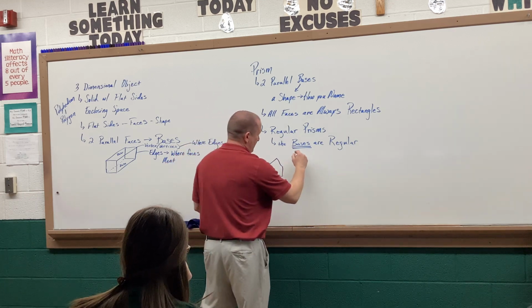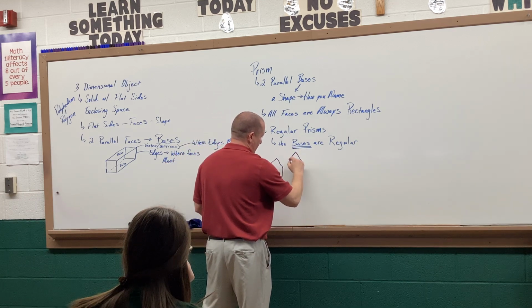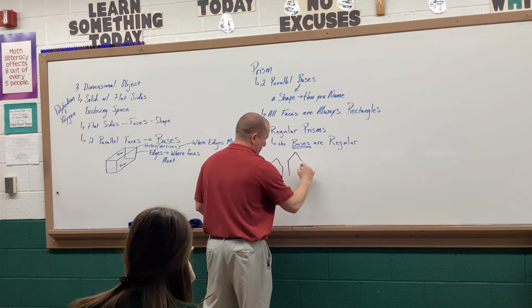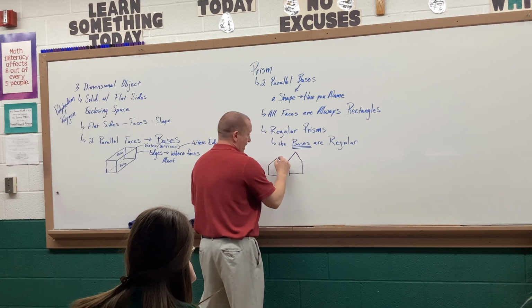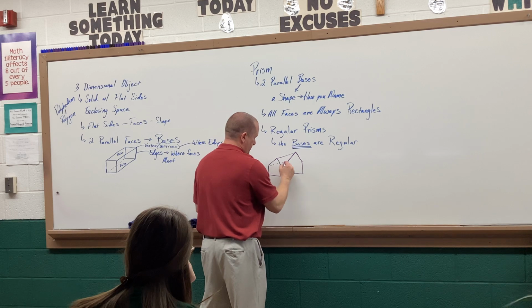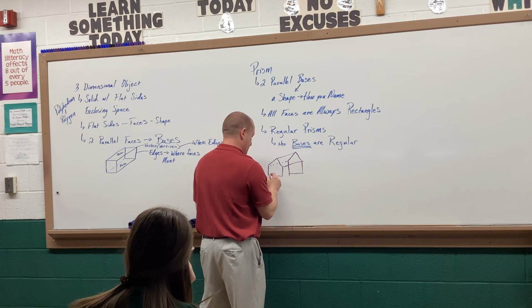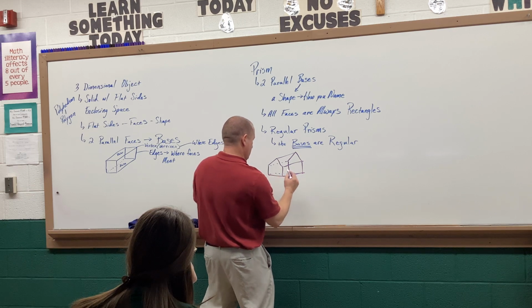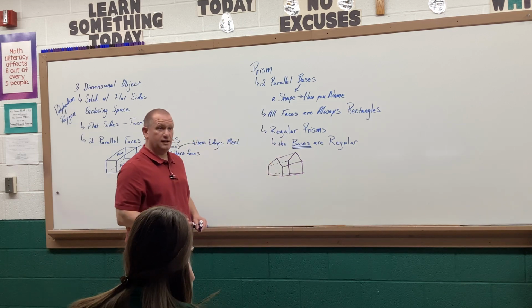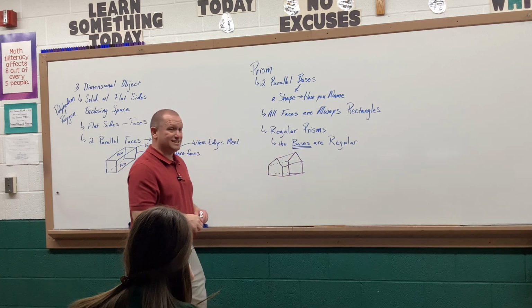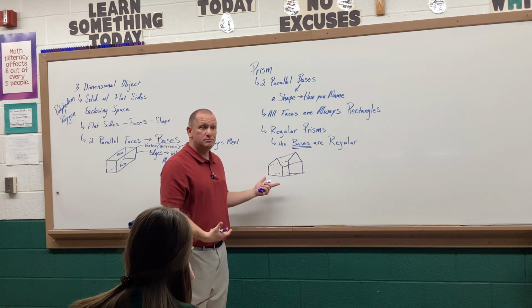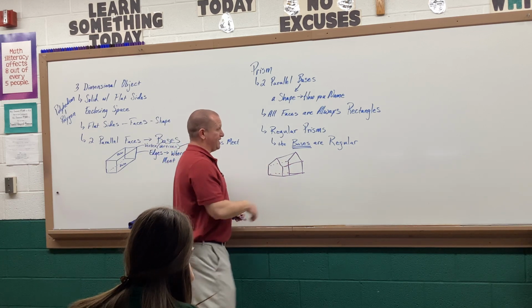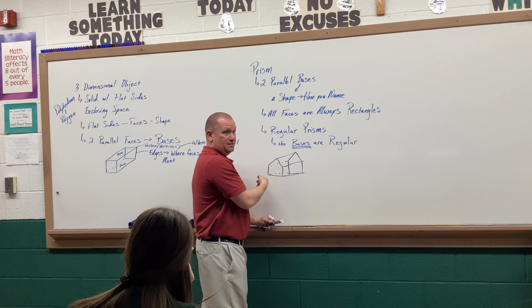So if I draw another house back here, and then I connect them, right to right, and then draw this one too. Would you say that this is a pentagonal prism? Yeah. Okay? Would you say it's a regular pentagon?